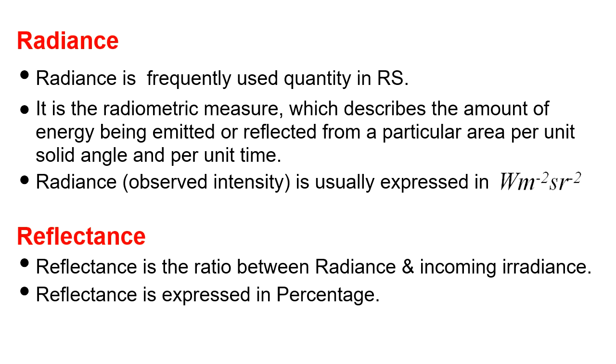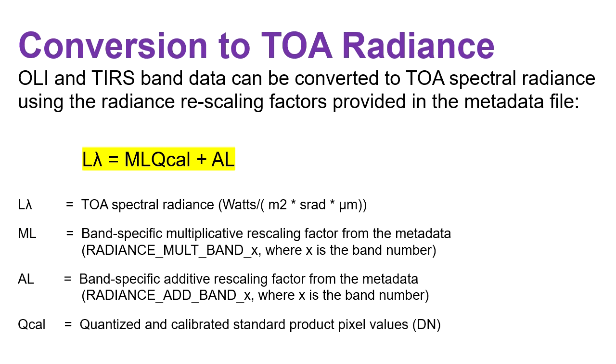You can pause the video and read these points. As you can see in this slide, the formula is given for how we can convert DN values to radiance. You can pause this slide also and see the formula.